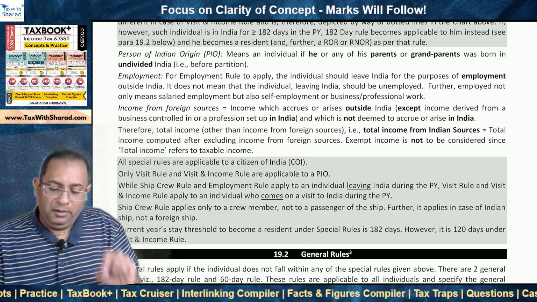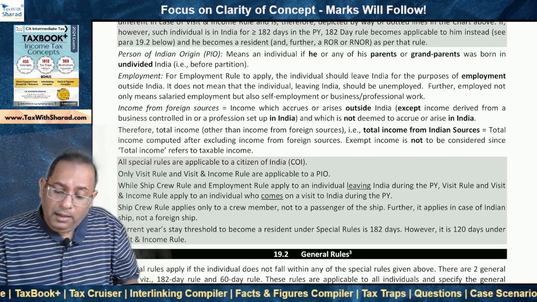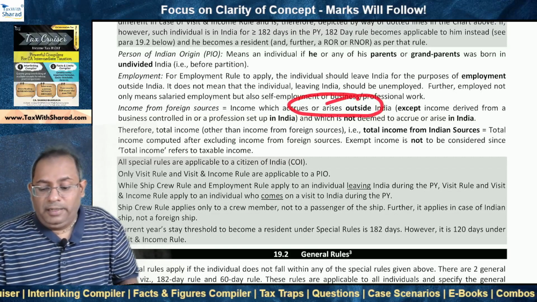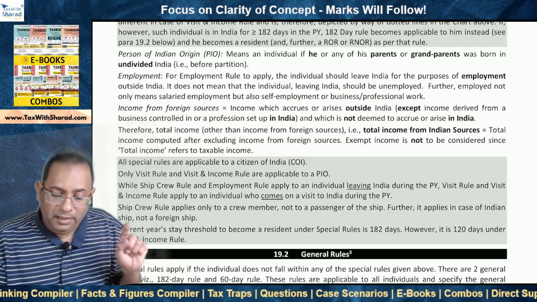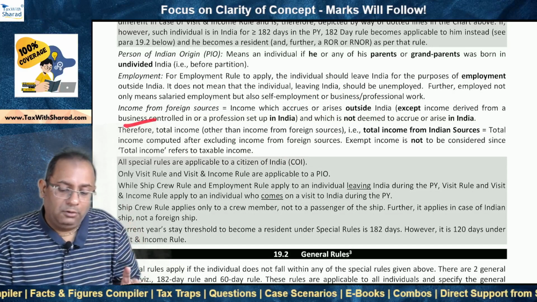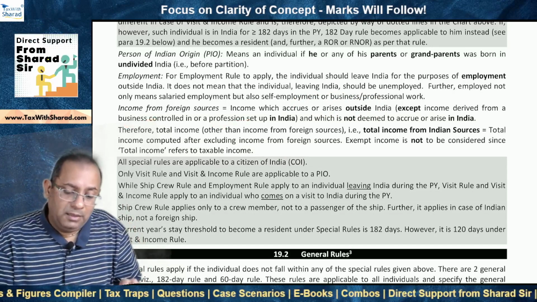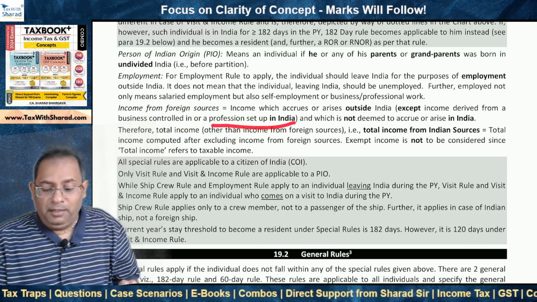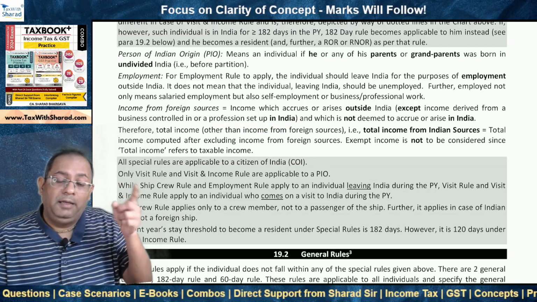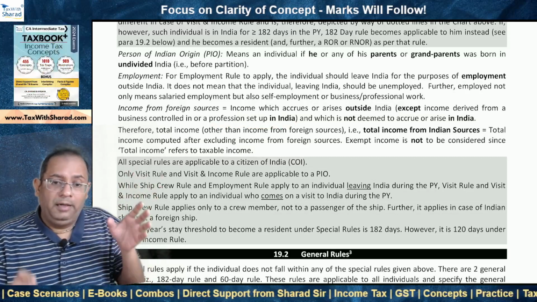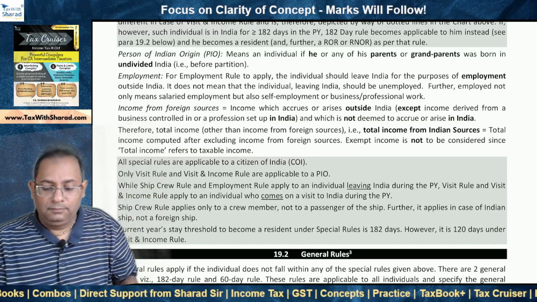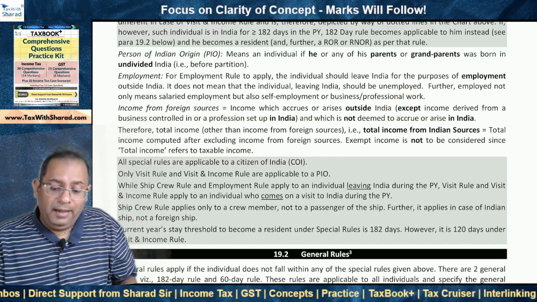Okay, one point here. Even if the income is accruing or arising outside India, if the income is derived from a business or a profession, and that business is controlled in India, or that profession is set up in India, then even if the income is accruing or arising outside India, it will be considered as income from Indian sources, not income from foreign sources. Why?